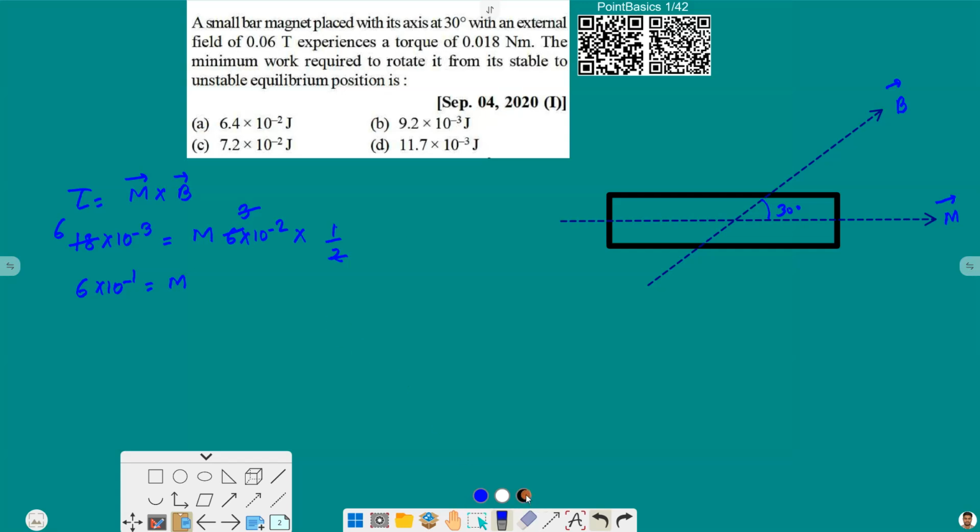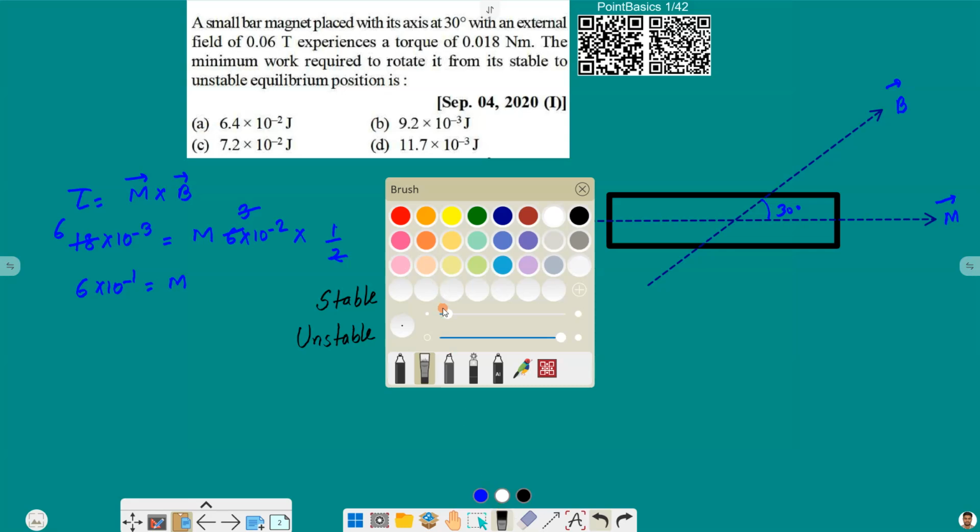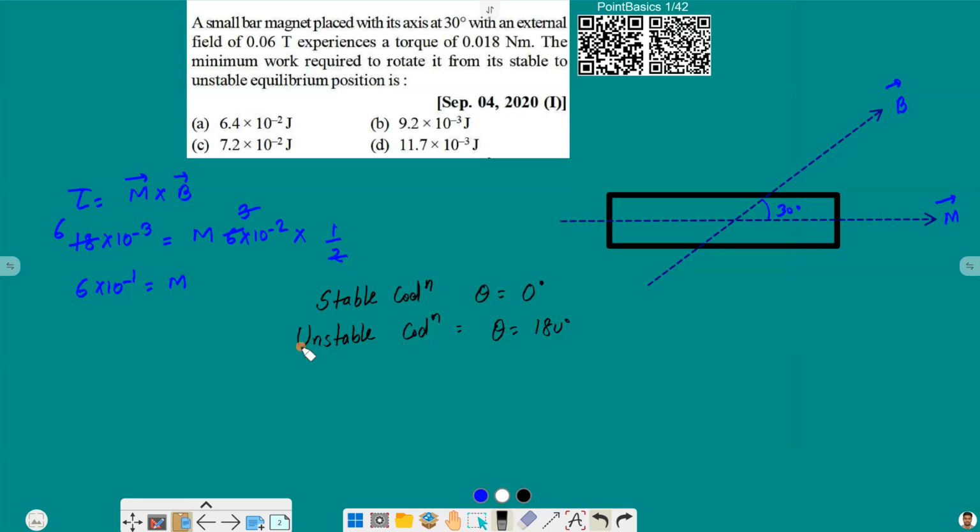Now for the stable condition, theta is 0 degrees, and for the unstable condition theta is 180 degrees. So the potential energy in case of the stable condition, that is the initial potential energy, is negative of MB cos of 0, so it will be minus MB.